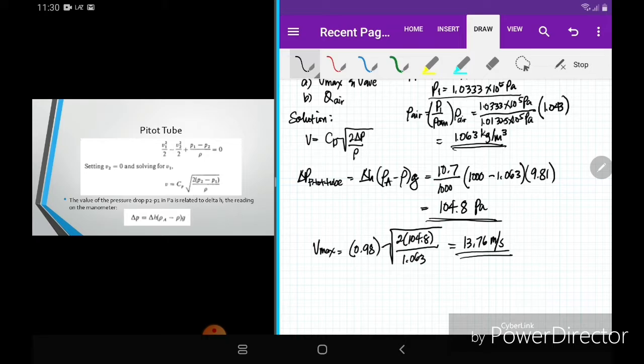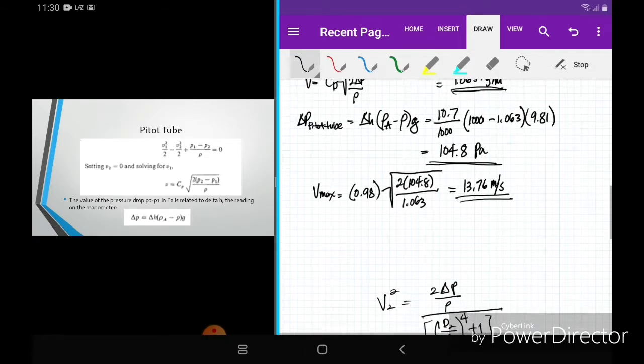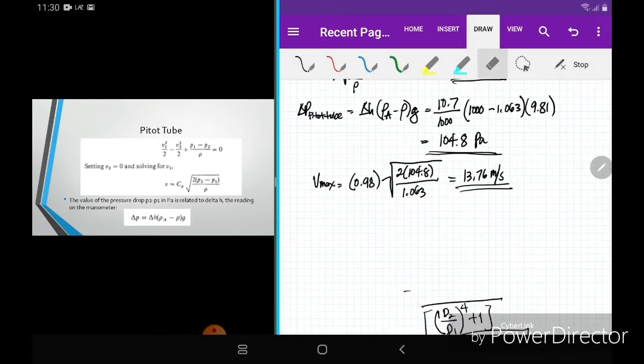Now, if we want to obtain the average velocity, we can utilize a figure from the book of Geankoplis, that shows the relationship between, it's a graph, the relationship between the Reynolds number and the average velocity and the maximum velocity. Okay?